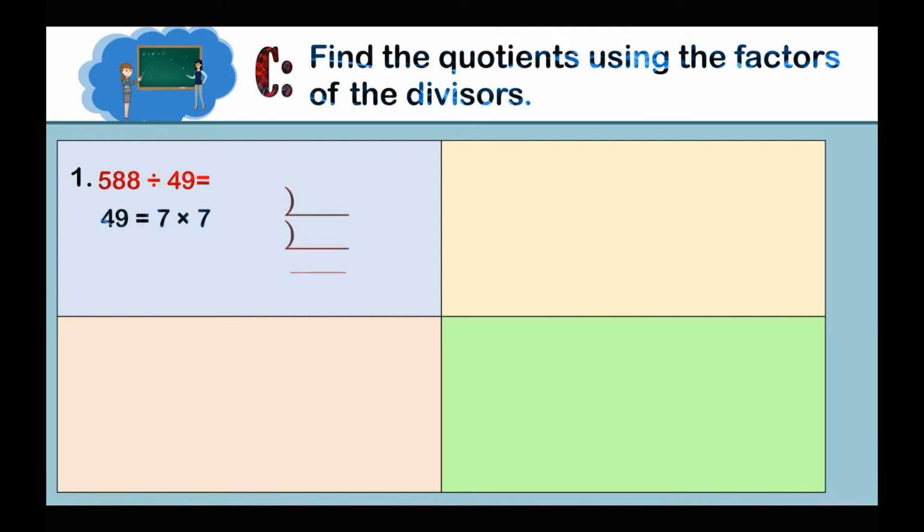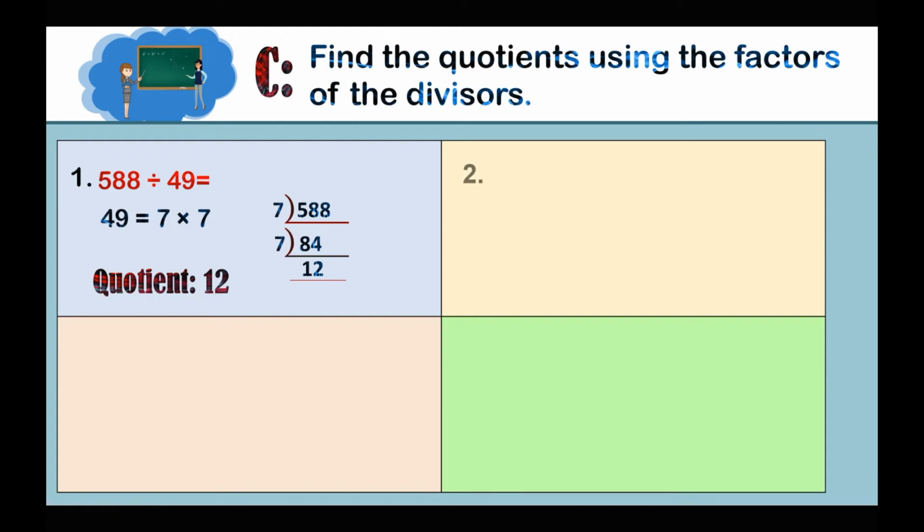The factors of 49 are 7 times 7. So 588 divided by 7 will give us 84. 84 divided by another 7 will give us 12. So the quotient for number 1 is 12.